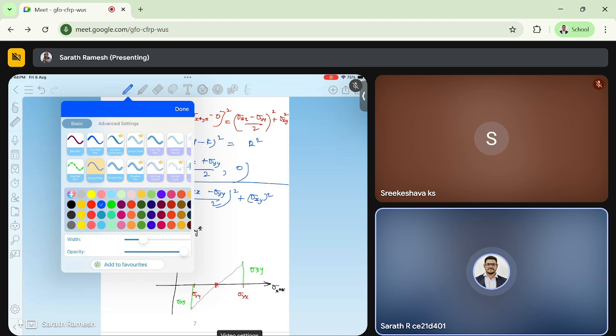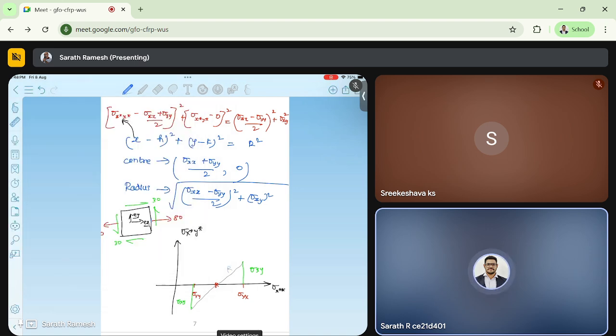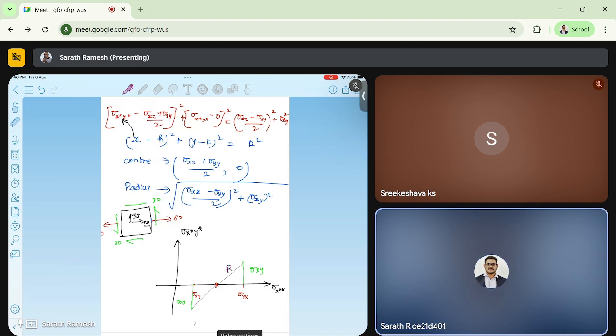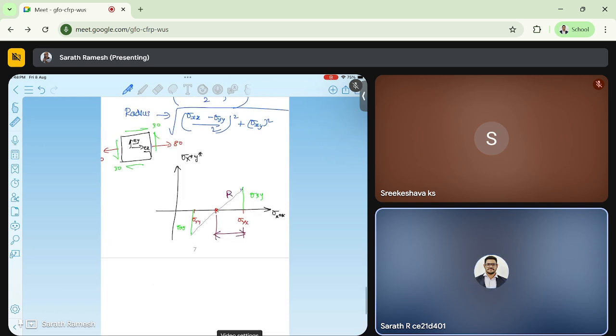This hypotenuse is the radius, and this distance is sigma xx minus sigma yy by 2, the whole square, plus sigma xy, the whole square. So this is the radius, and hence we can draw the circle and get the Mohr circle.